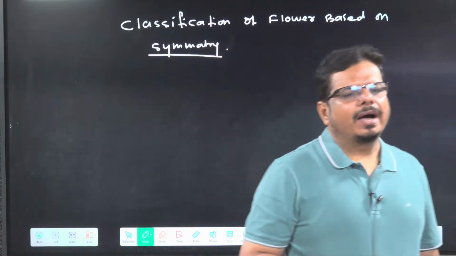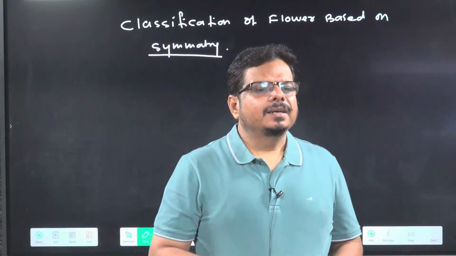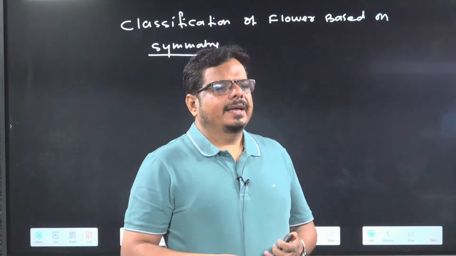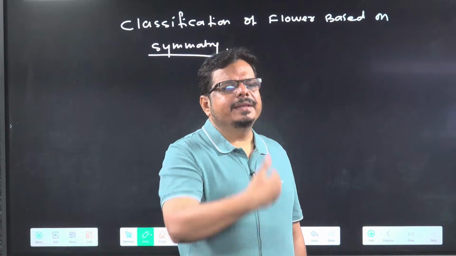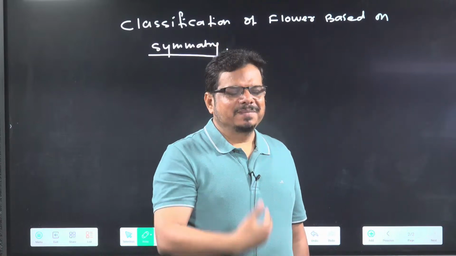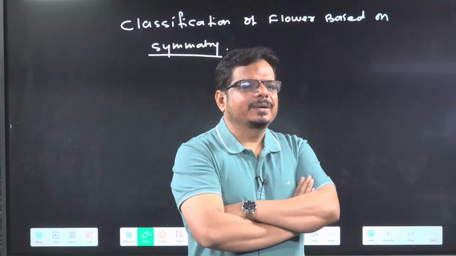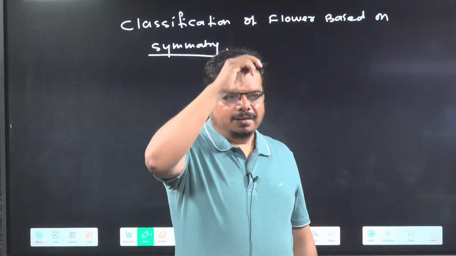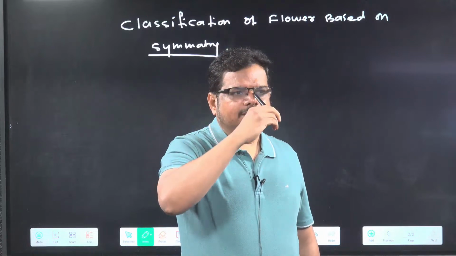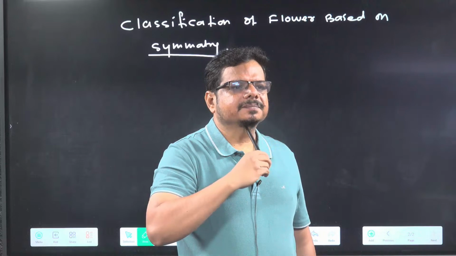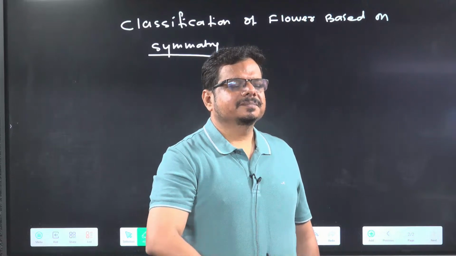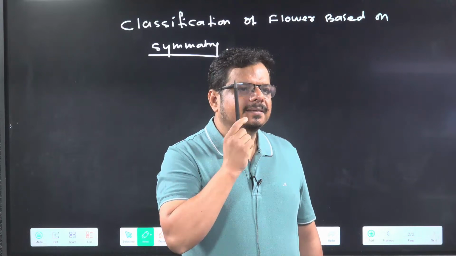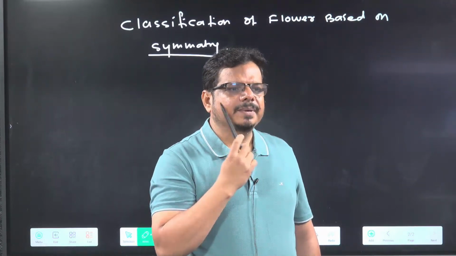Dividing into 2 halves. It is not the correct answer. 2 equal halves. Okay, it is correct. Actually, symmetry means you can say like mirror image. I am standing in front of you. Look at my body. When I am drawing a line from here, you are finding that this side and this side are similar.